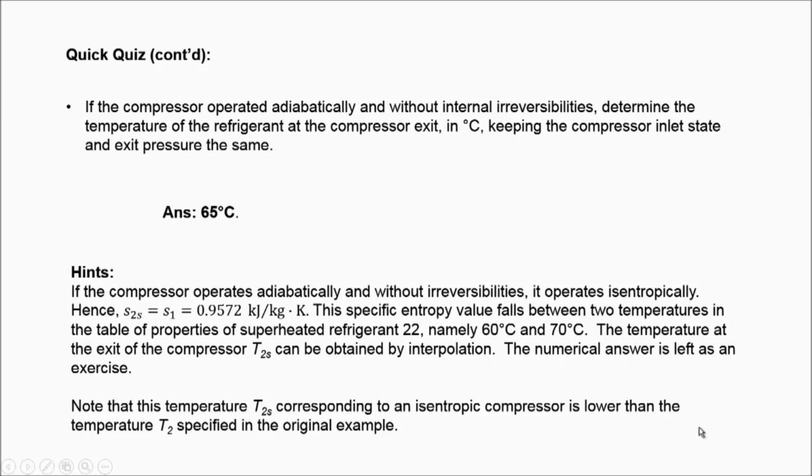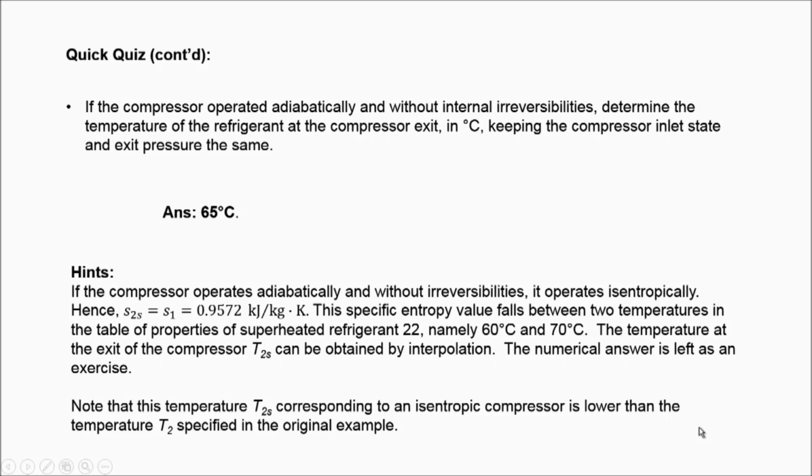Hence, S2s is equal to S1 is equal to 0.9572 kilojoules per kilogram Kelvin. This specific entropy value falls between two temperatures in the table of properties of superheated refrigerant 22, namely 60 degrees C and 70 degrees C. The temperature at the exit of the compressor, T2s, can be obtained by interpolation. The numerical answer is left as an exercise.